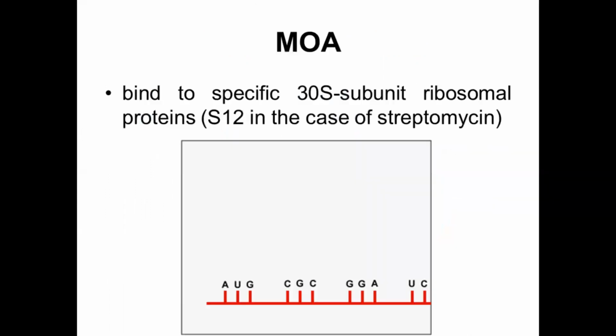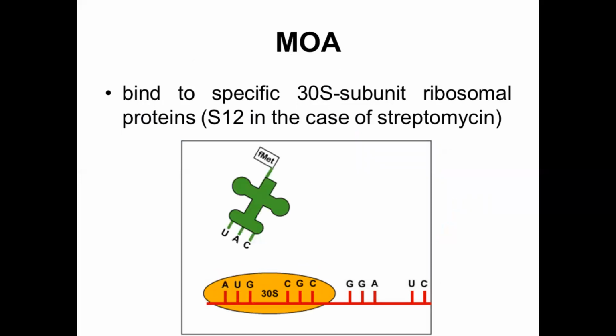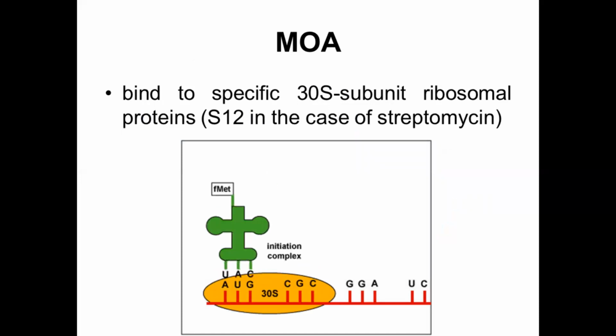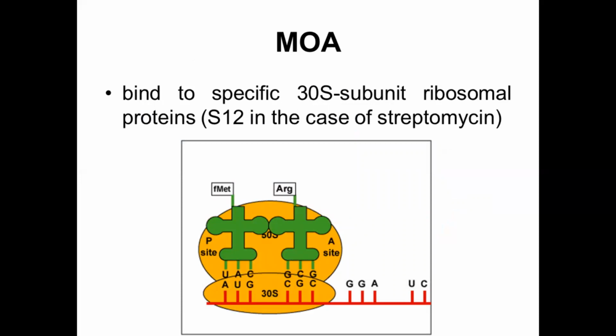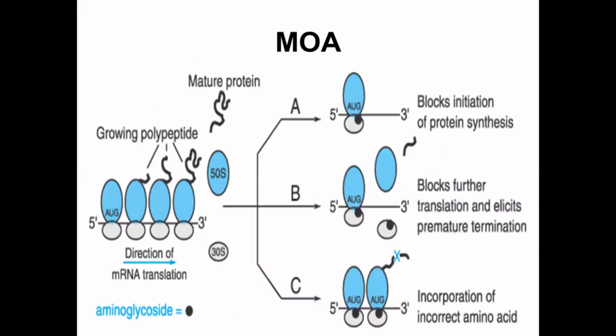So pare-parehas yan. Ang mechanism of action nito is it binds to the 30S ribosomal subunit. Pero exception is streptomycin because it binds to S12 subunit. But generally, they bind to 30S. Mangyayari dyan, binablock niya yung initiation ng protein synthesis.